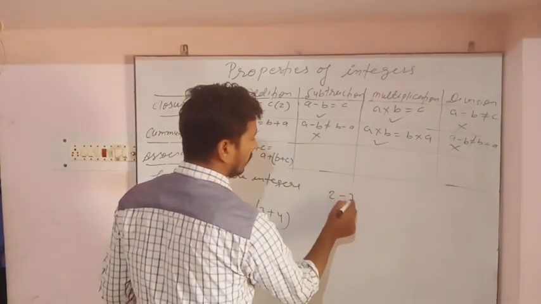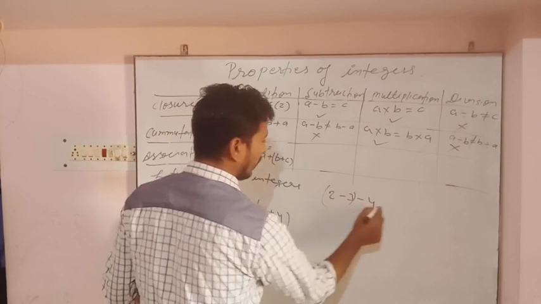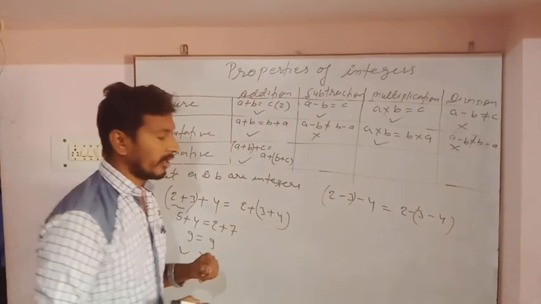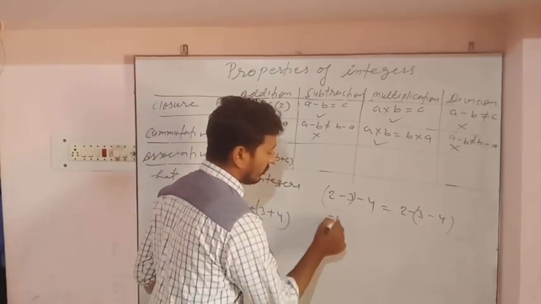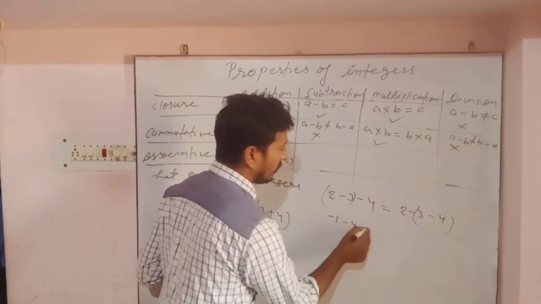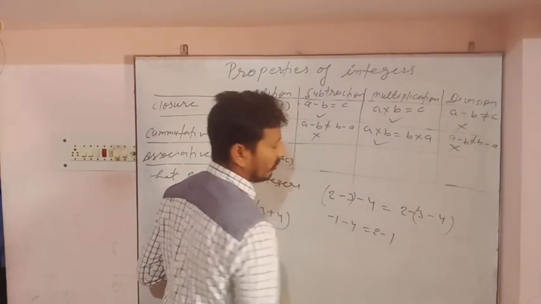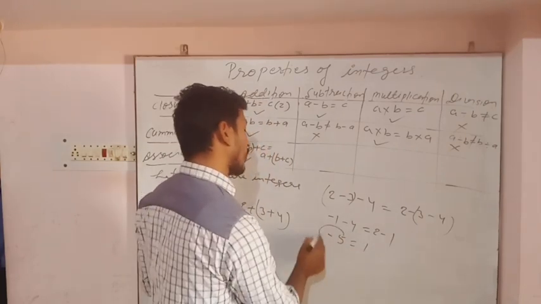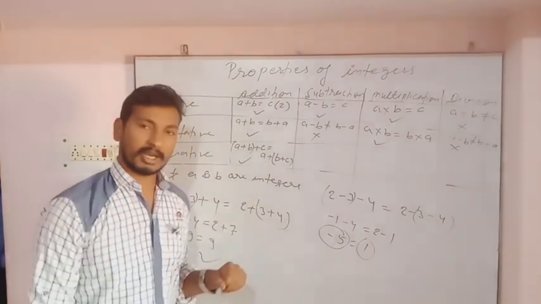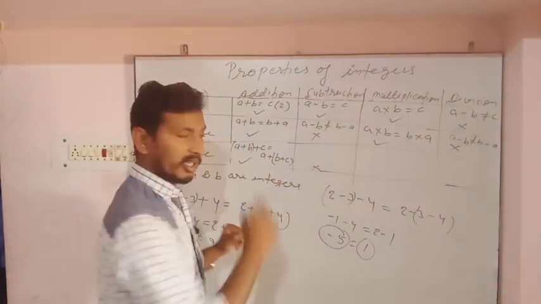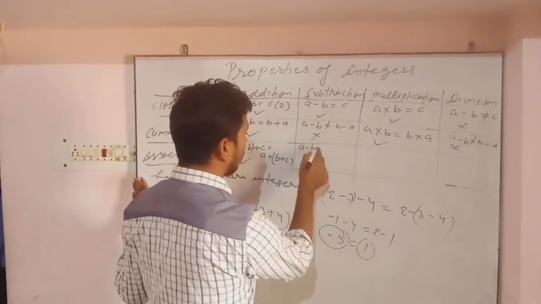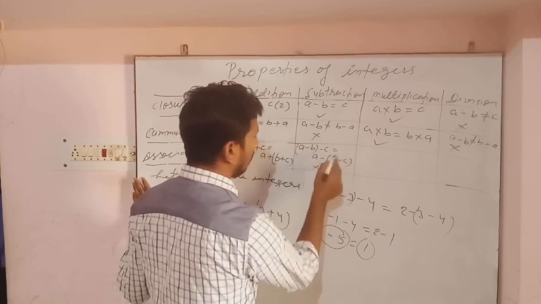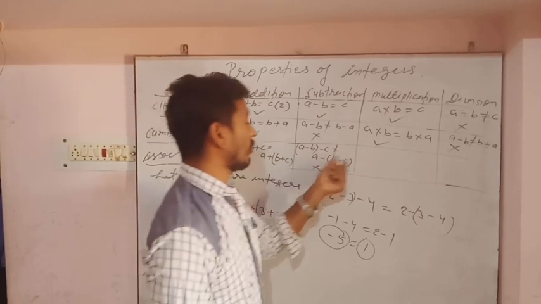So (2 minus 3) minus 4, and here 2 minus (3 minus 4). Now let's solve this. First we solve this, we get the result minus 1, and there is minus 4, and there minus 1. Now minus 1 and minus 4 is equal to minus 5, and here 1. So you can see LHS and RHS both are not equal, so we can say this property is not closed. So (a minus b) minus c is not equal to a minus (b minus c).